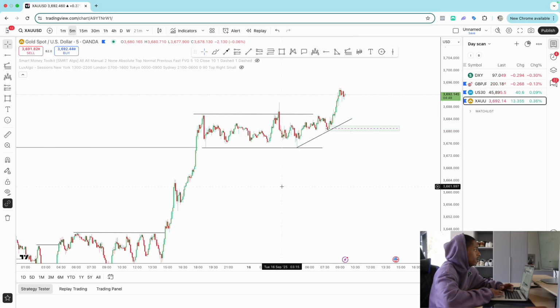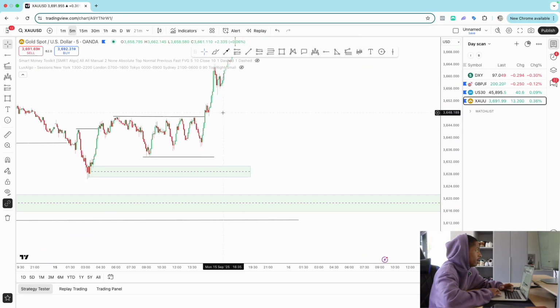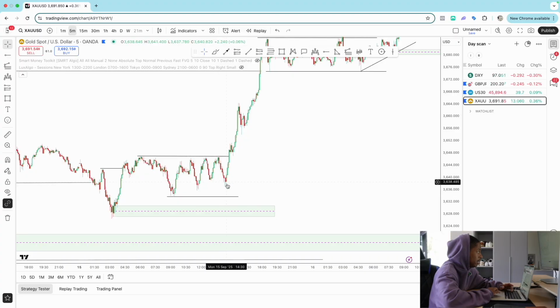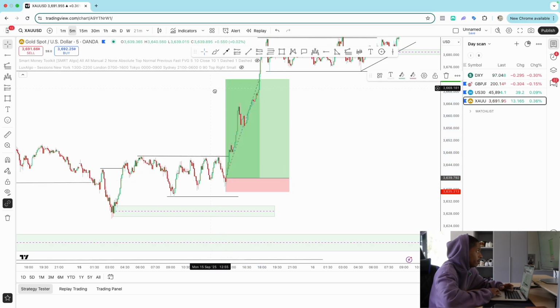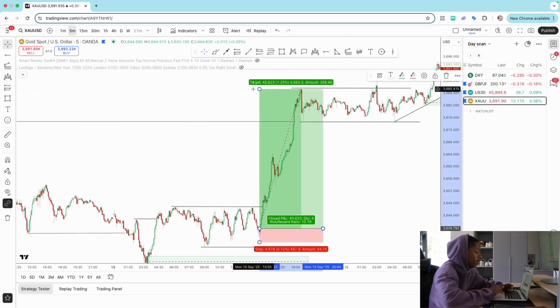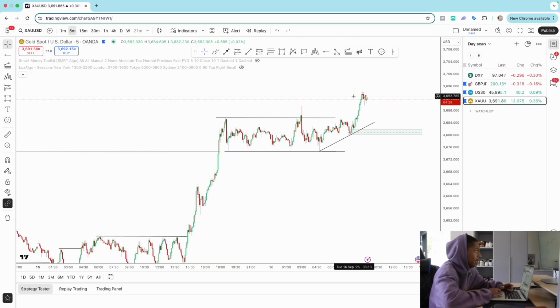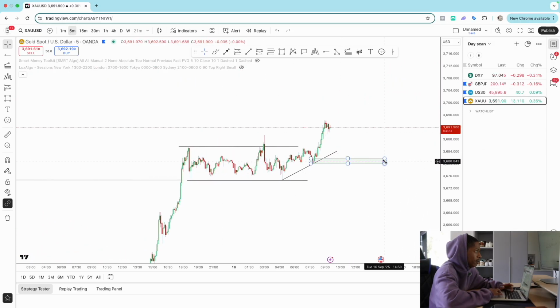So I'll just have to wait now, because yesterday, remember, we were looking at it here, and then look what happened afterwards. We were looking at it here, and I wanted it to come here so that I could buy. But literally in the session, while we were looking at this, it went here, and then it went all the way up. So what I'm going to do now is target this area, and then I'm going to have my buy here.